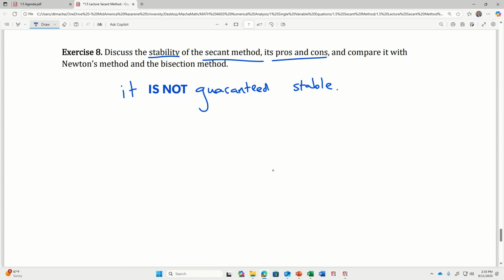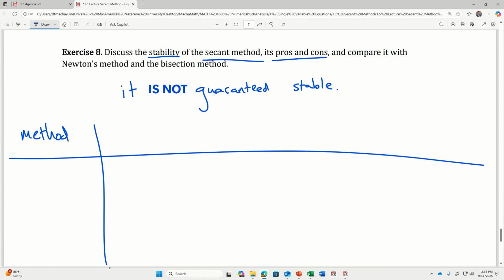Pros and cons. Let's compare it so far with the other methods we've learned, Newton's method, bisection method, and so on. We might be concerned about the stability. We might be concerned about, do I need a derivative?